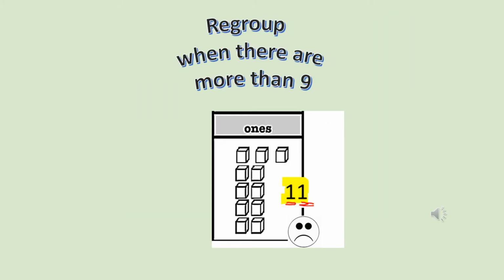Remember what you learned in the last video. You need to regroup when there are more than 9 in any place value. In this example, you have 11 cubes in the ones place. So we will need to bundle up or collect 10 cubes and move them into the tens place.